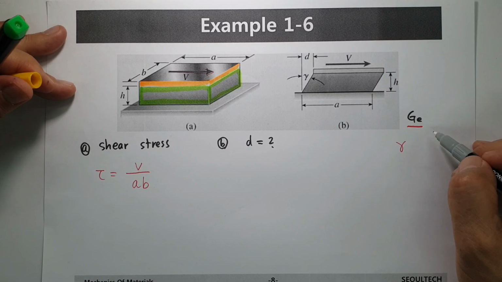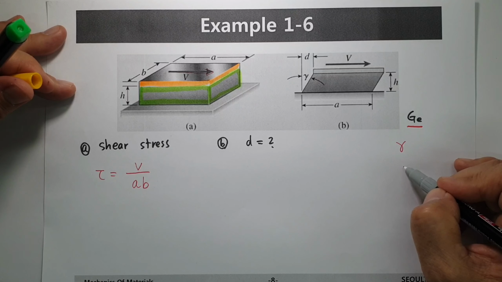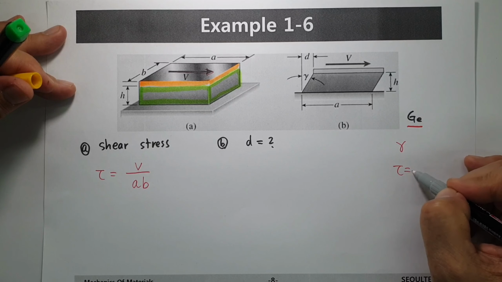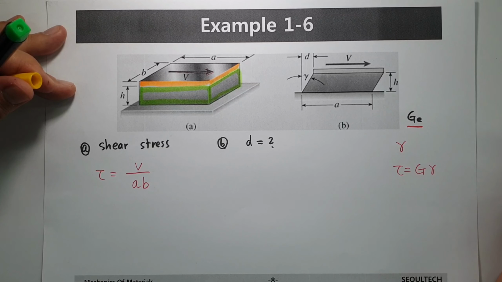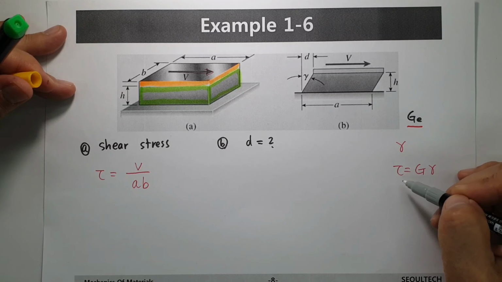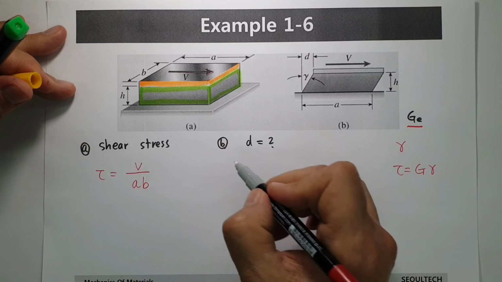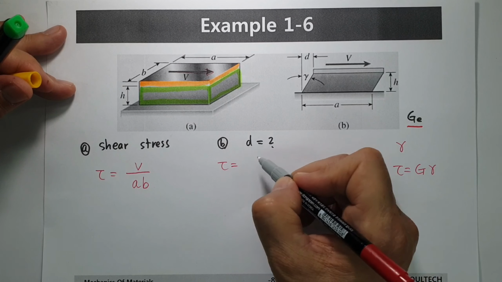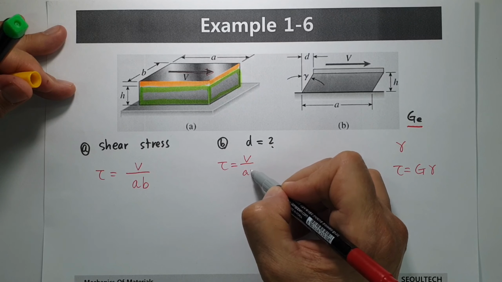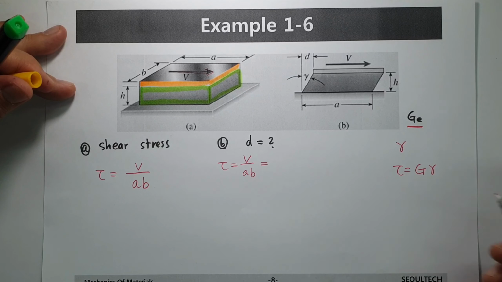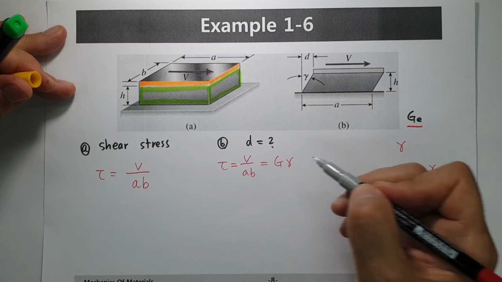Then we can apply tau equals G gamma, and we can find the relationship between shear stress and strain. Tau equals V over AB equals G gamma.